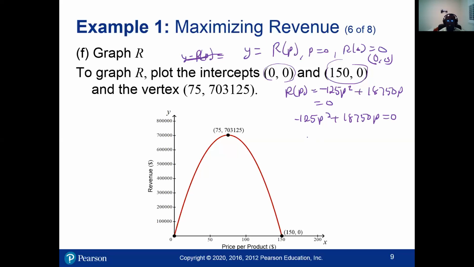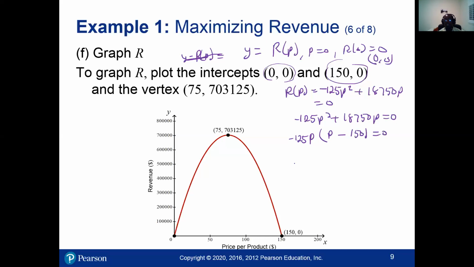If I factor minus 125 p out, then I have p, and it'll be p minus 150, because 18,750 divided by 125 is 150.